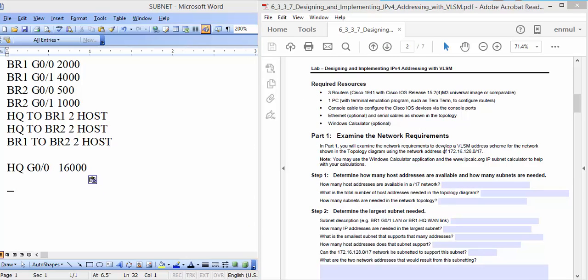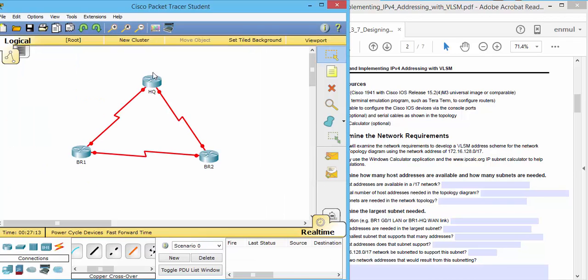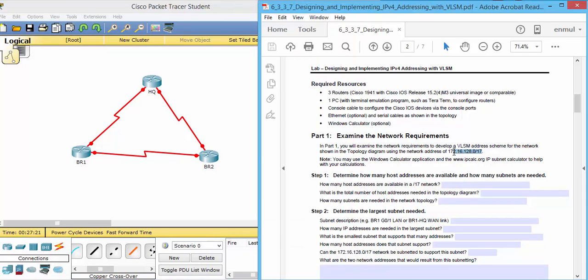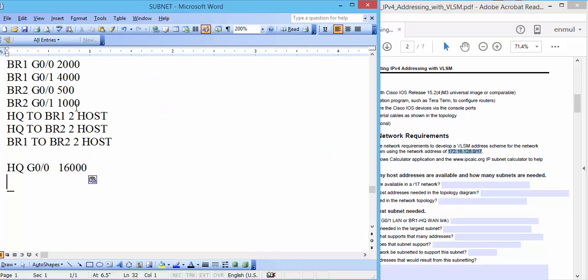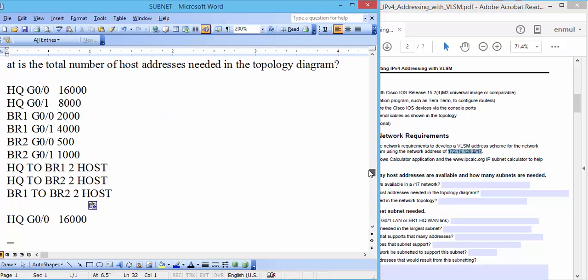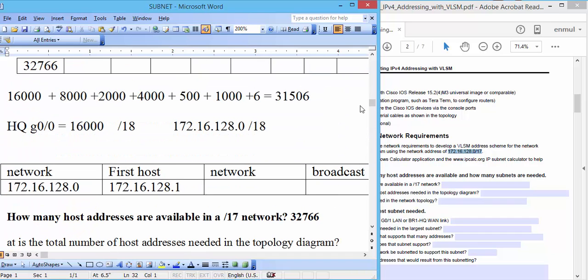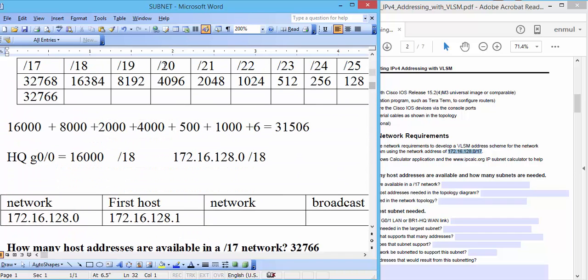For the Gigabit 0/0 interface, starting from 172.16.128.0, we need /18 for 16,000 hosts. This is where it says /18 for 16,384, so it falls into this range.